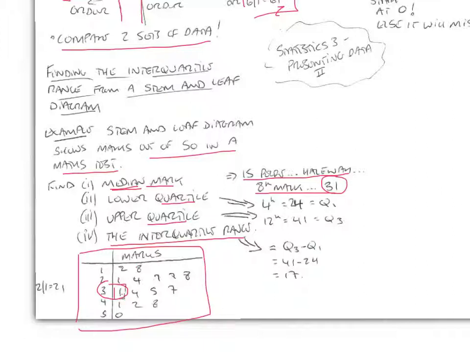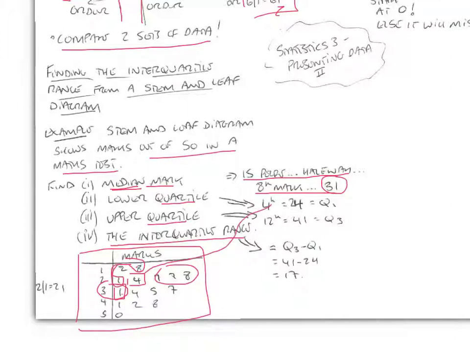Okay, so if this is the 8th mark, then we've 7 bits of data that side, 7 that side. So our lower quartile is in the first quarter, it's here. We've 3 bits of data this side of it and 3 that side. So our lower quartile is Q1.